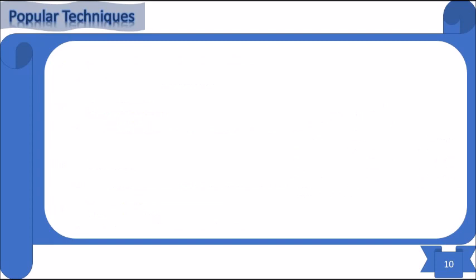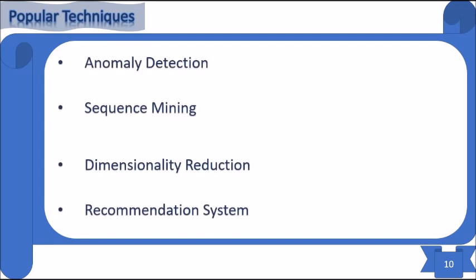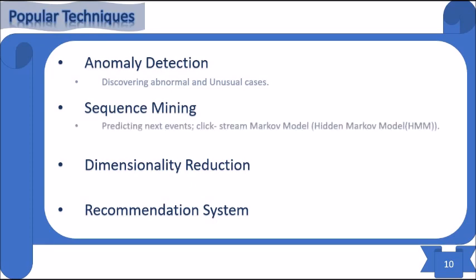Now, other popular techniques are anomaly detection. It is used to discover abnormal and unusual cases. For example, it is used for credit card fraud detection. Then sequence mining. It is used for predicting the next event, for instance, the click stream in websites. Then dimensionality reduction.